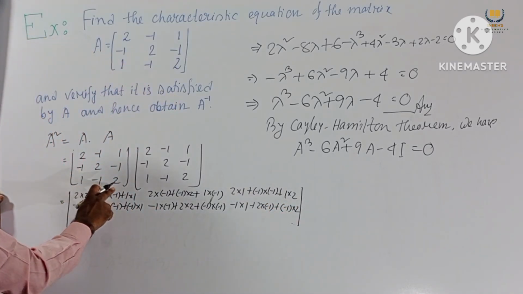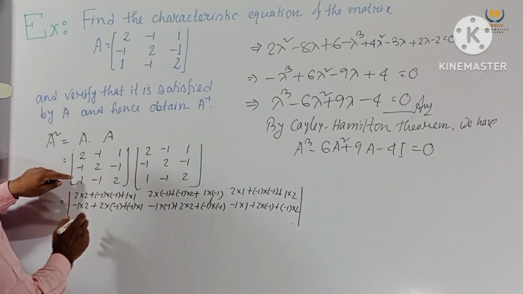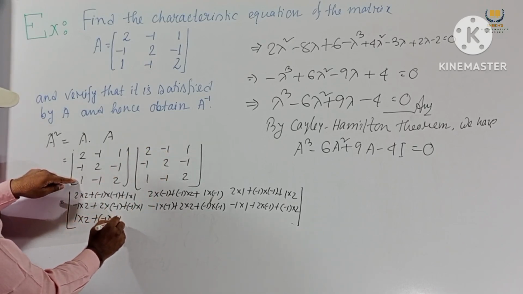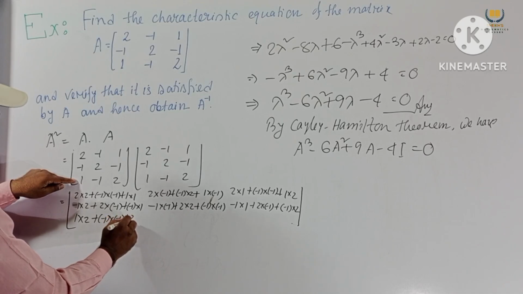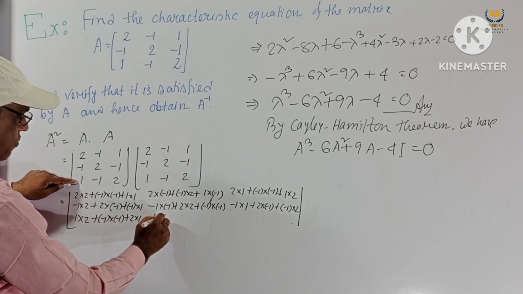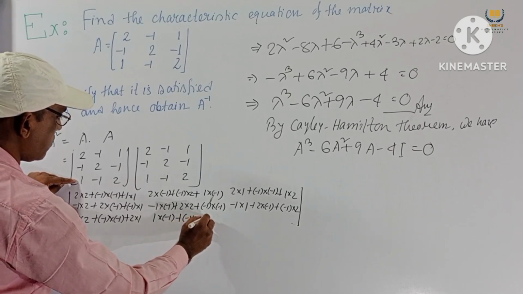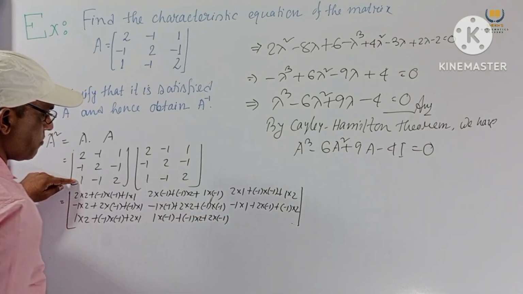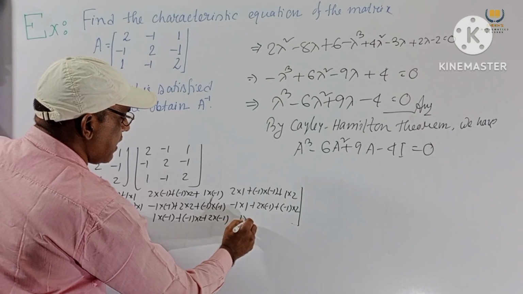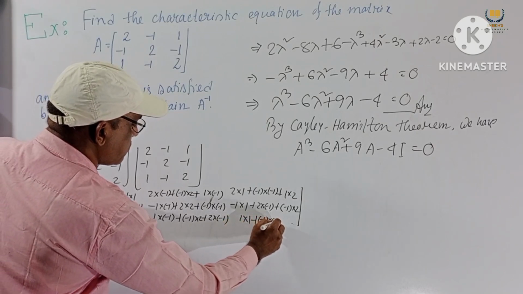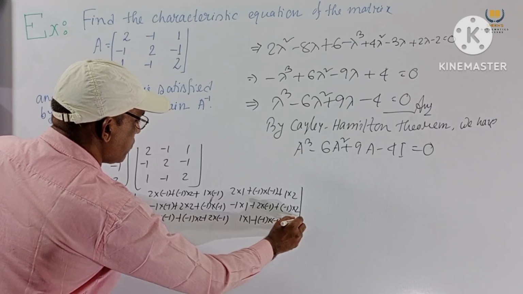Similarly, taking the third row and multiplying in this way: 1 into 2 plus minus 1 into minus 1 plus 2 into 1, 1 into minus 1 plus minus 1 into 2 plus 2 into minus 1, and 1 into 1 plus minus 1 into minus 1 plus 2 into 2.